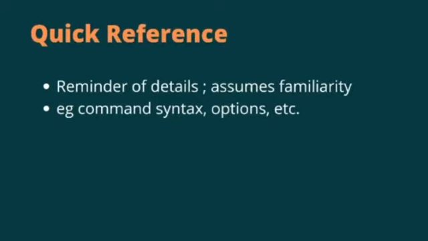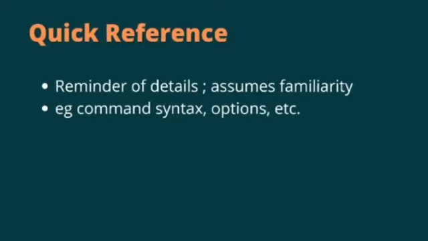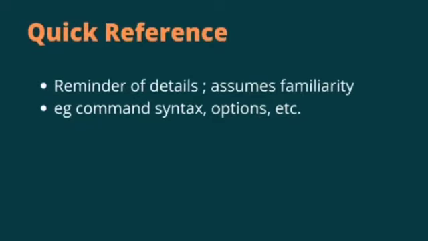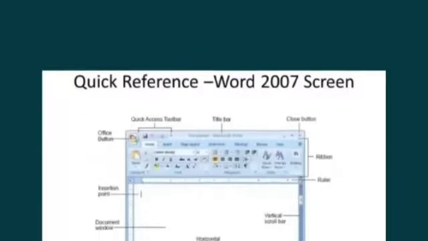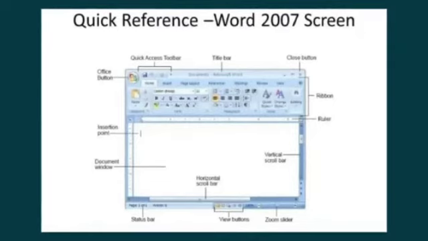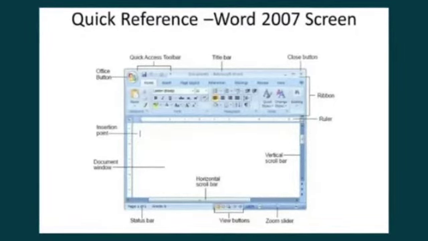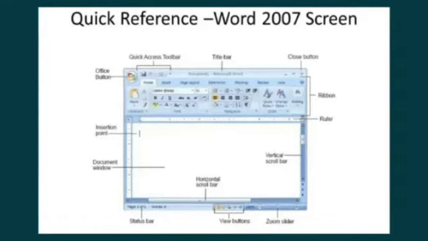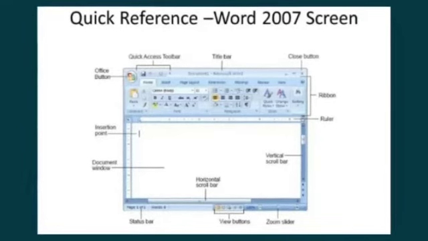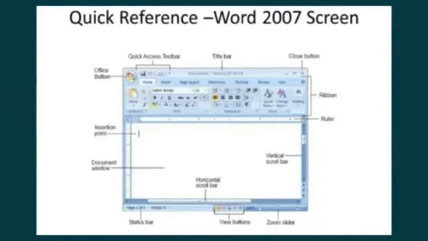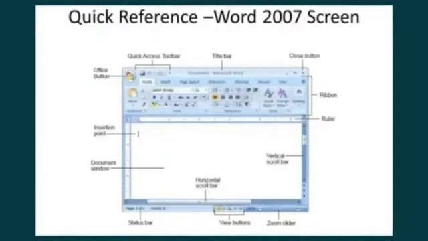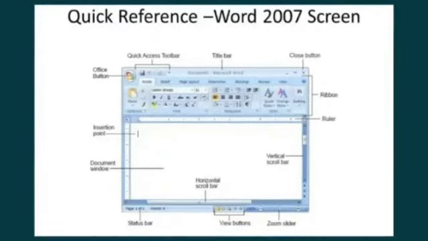It is used primarily as a reminder to the user of the details of tools he is basically familiar with. This is an example of quick reference, Microsoft Word 2007 screen. If the user needs to find a particular command option, it also reminds the user of the syntax command that is included on the sides of a particular application.